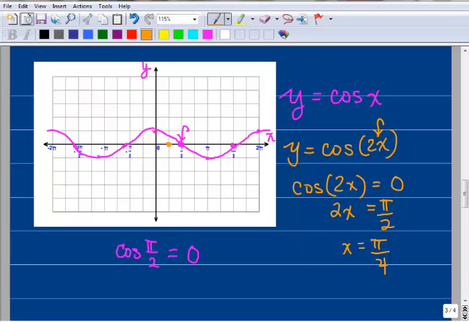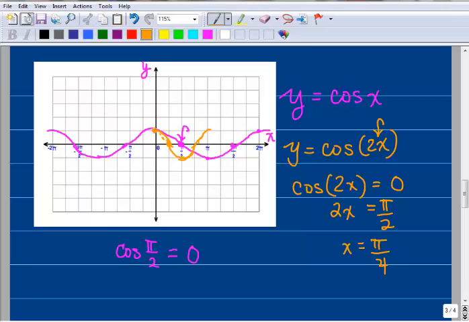And my graph is going to look something like this, where my first 0 occurs at pi over 4. It's going to bottom out at pi over 2, and it's going to pass through the axis again. And we're going to have a peak here at pi.